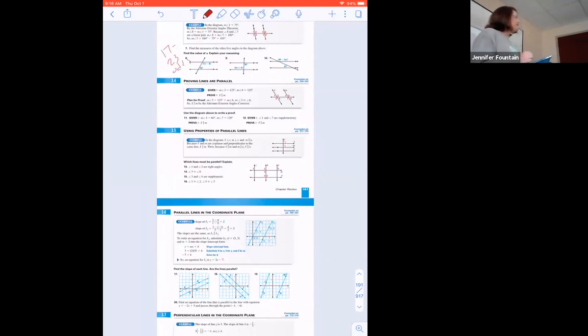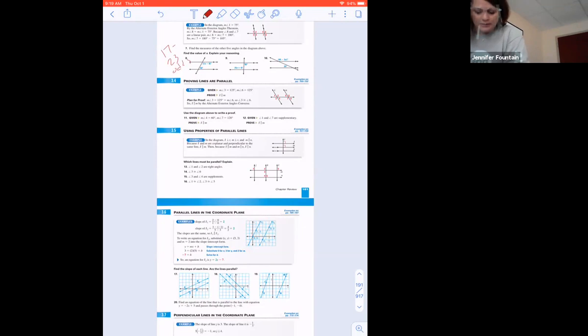If you have multiple sheets, put them together. Sometimes for 10 problems, I might get 5 pieces of paper from people. I want it to be consistent and put together, okay? I need a label on it so I know what pages they are. I need your name on it so I know whose they are, okay?